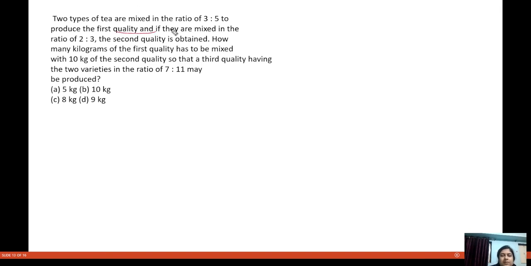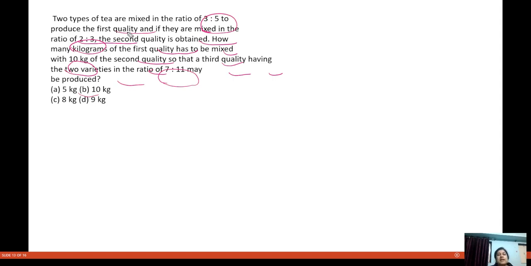It is saying two types of tea are mixed in the ratio 3 is to 5 to produce the first quality. If they are mixed in the ratio 2 is to 3, the second quality is obtained. How many kilograms of the first quality has to be mixed with 10 kg of the second quality so that a third quality having the two varieties in the ratio 7 is to 11 may be produced?